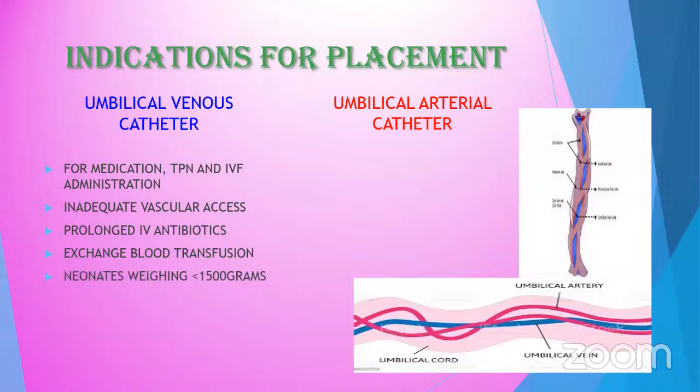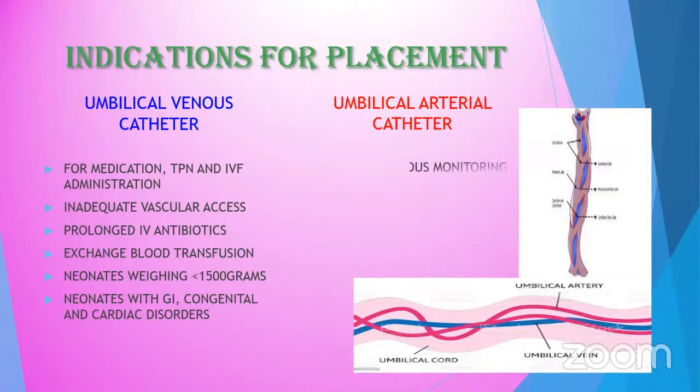We need this one also when the neonate's weight is less than 1,500 grams. And of course, neonates with GI problems, congenital and cardiac disorders. Except if the neonate has GI problems like omphalocele and peritonitis.